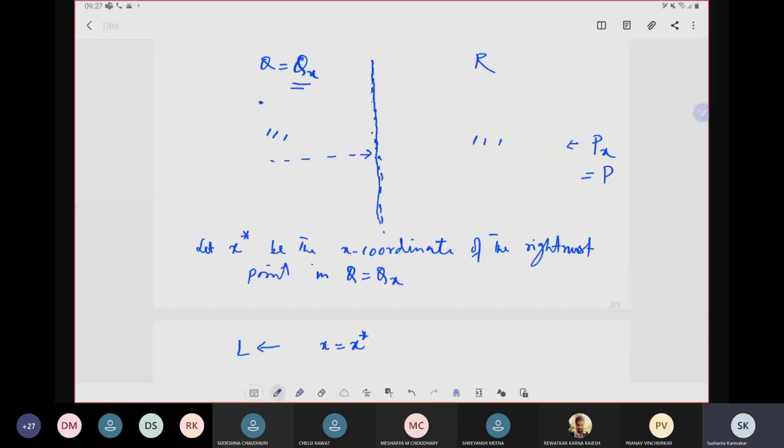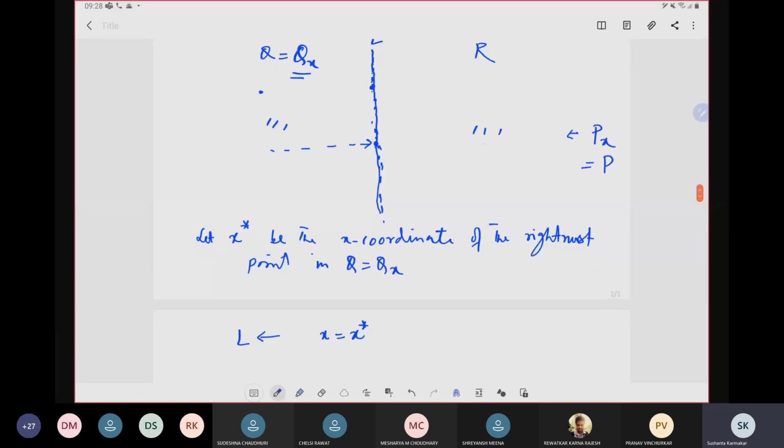This is the rightmost point, and its y coordinate may be anywhere, but its x coordinate is x star, so the point is on this line. So I find the rightmost x coordinate and draw a vertical line, and this line I designate as L.